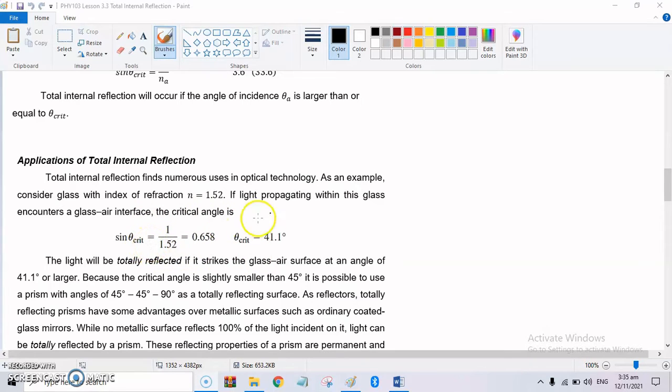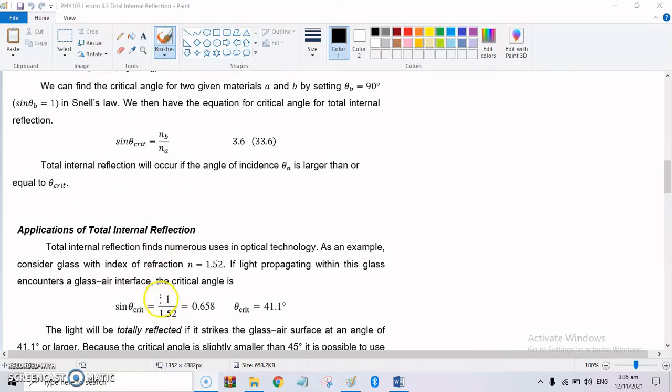For a glass-air interface, Nb is air, so 1, and Na is the glass, which is 1.52. That gives 0.658.